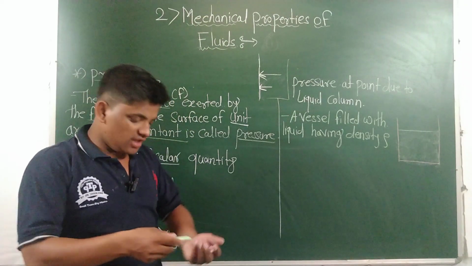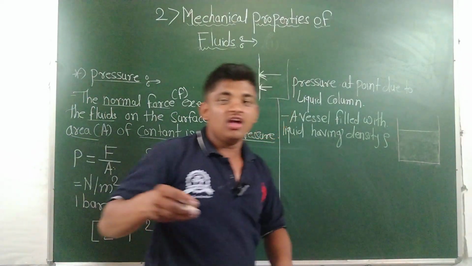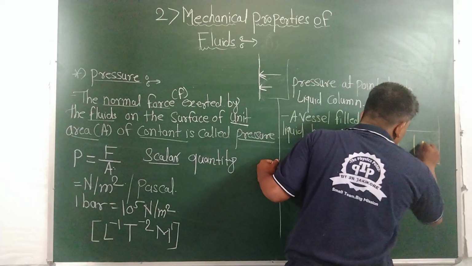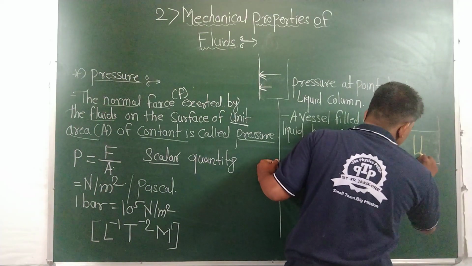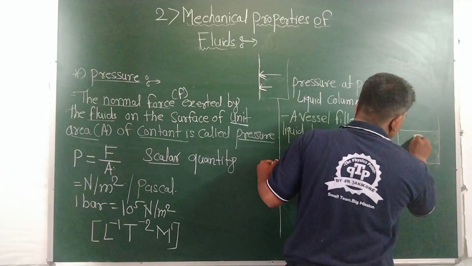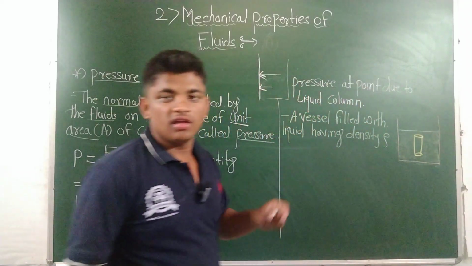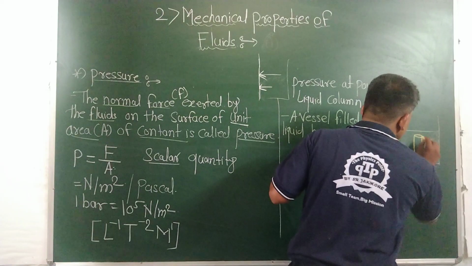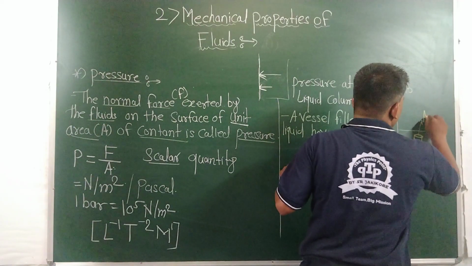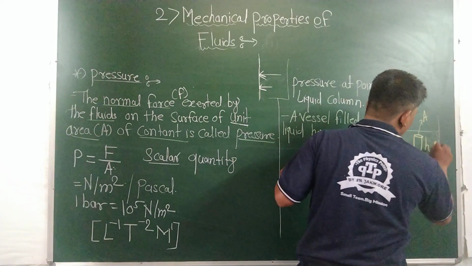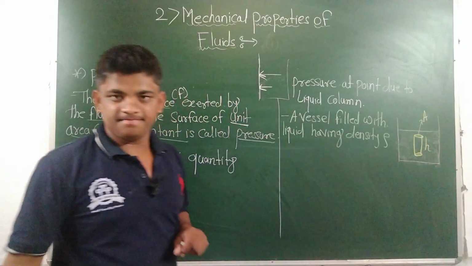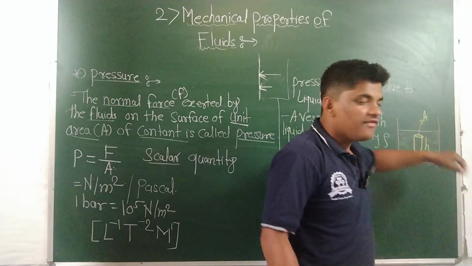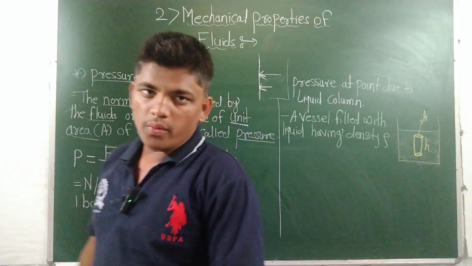We imagine one small liquid column, a cylinder, inside the liquid. The area of this cylinder is A, the cross sectional area, and the height of that cylinder is H, deep in the liquid.